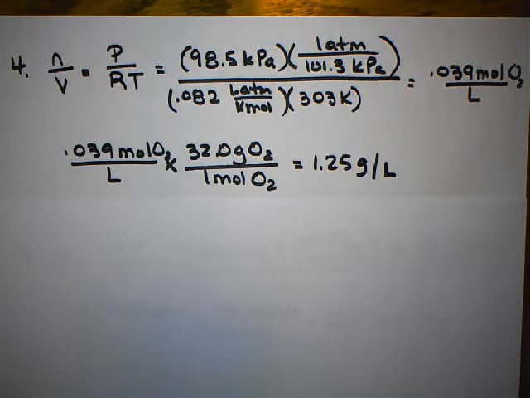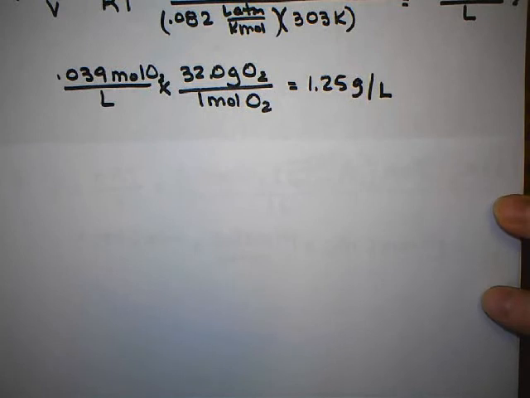And so you wind up with a density of 1.25 grams per liter based upon that information. So you can see this problem set is not quite as clear-cut as the first set was, but it's using little things that you already know to solve problems.